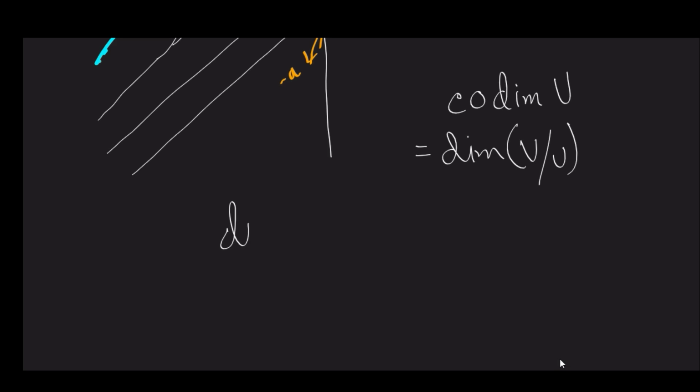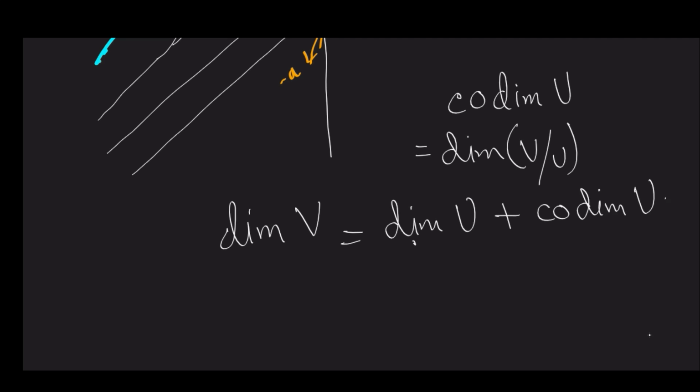It is like this: dimension V is equal to dimension U plus codimension U. We can prove it, but that proof is not important.